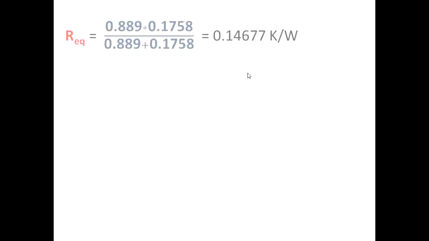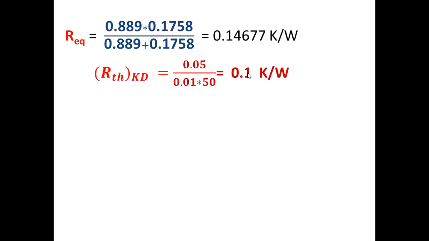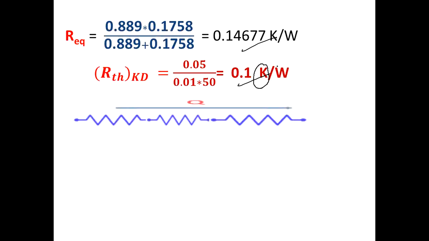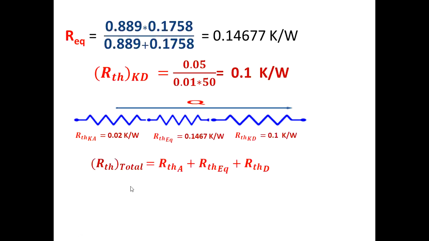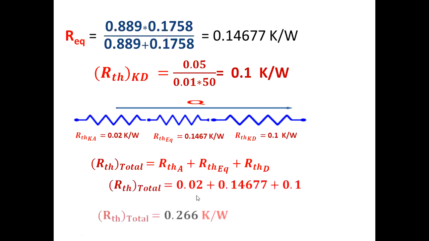Then the equivalent thermal resistance will be 0.147 Kelvin per watt. Therefore, adding the total thermal resistance, you will get 2.66 Kelvin per watt.